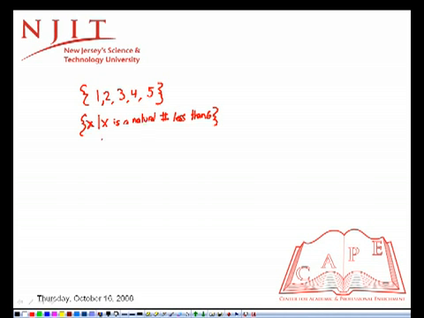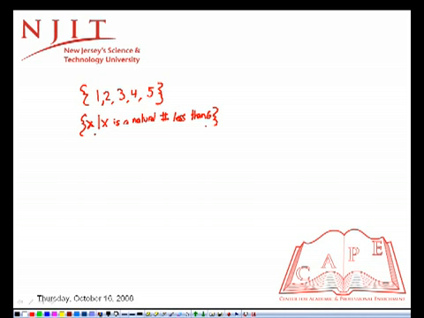And this is read as the set of all x. This little bar means such that. So, the set of all x such that x is a natural number less than 6. So sometimes it's useful to use the roster method and write out all the numbers, and sometimes it's better to use the set builder notation and list your set in terms of a variable.